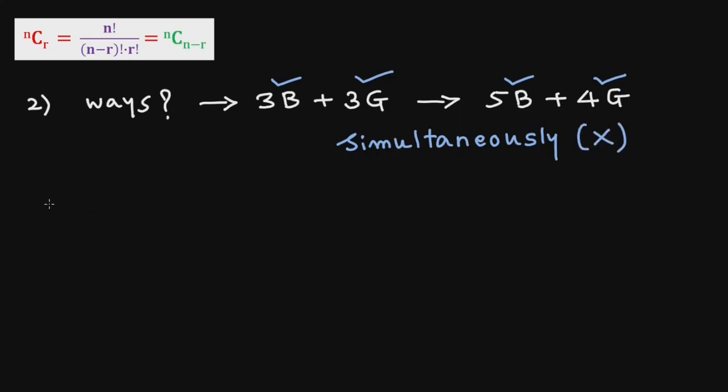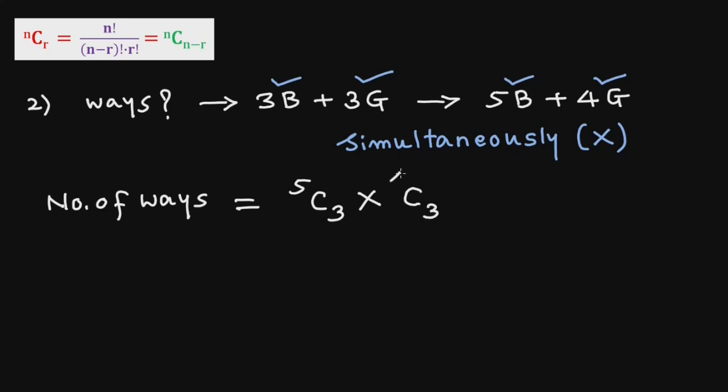So the number of ways these teams can be formed will be 3 boys from 5 boys multiplied by 3 girls from 4 girls. Note the use of the multiplication sign here. This equals 5 factorial upon 5 minus 3 factorial, 2 factorial into 3 factorial, multiplied by 4 factorial upon 4 minus 3 factorial, 1 factorial which is 1, into 3 factorial.